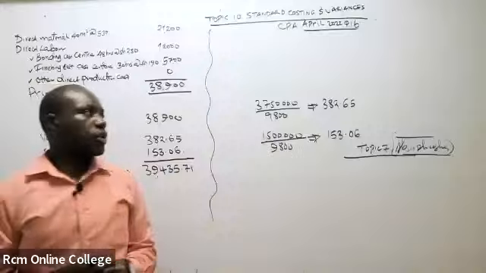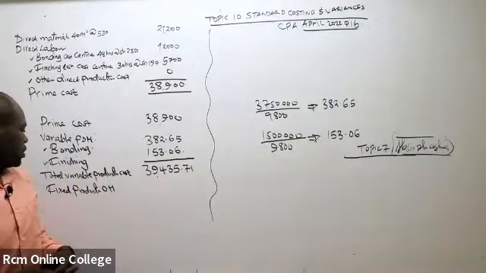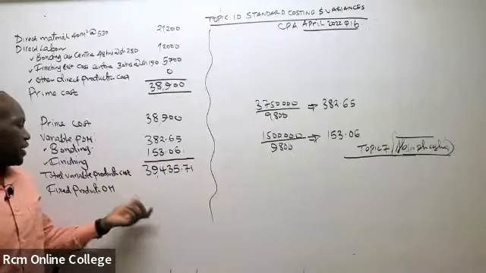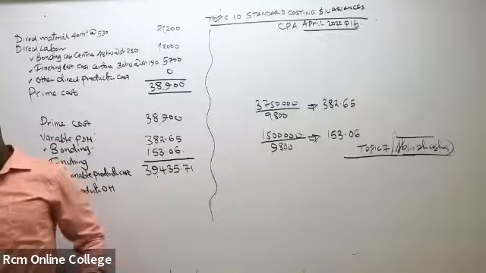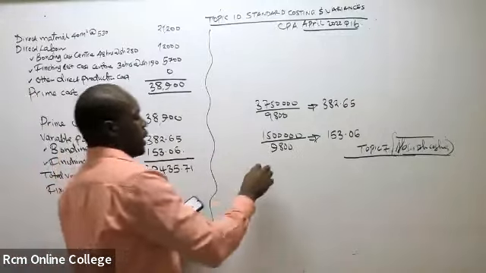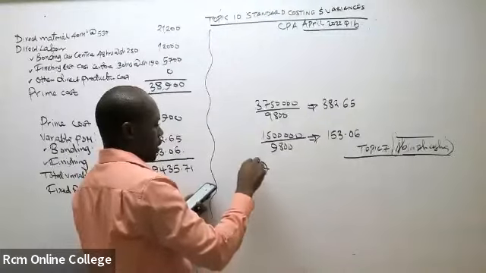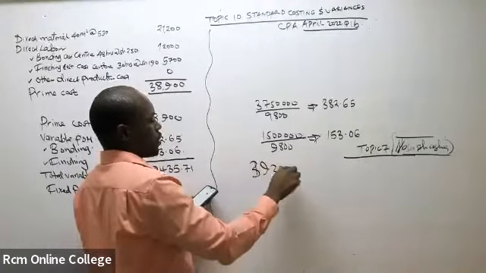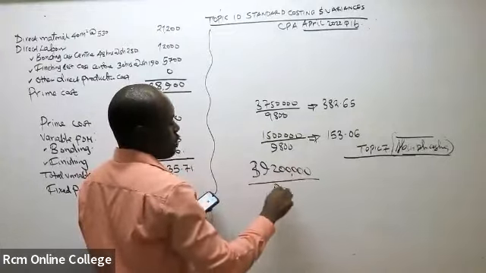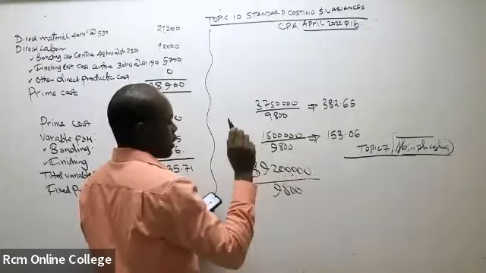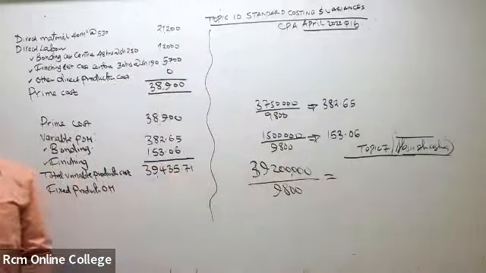Thank you. Good. So somebody is asking where are we getting 4,000 from? Tumesema fixed production overheads, tumepewa ngapi? Fixed production overheads, tumepewa 39,200,000. We are supposed to divide this by 9,800 to give us the fixed overhead per unit.